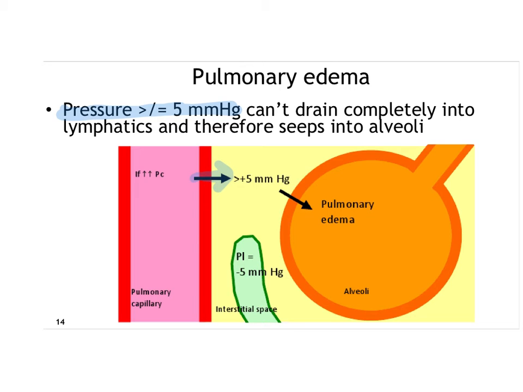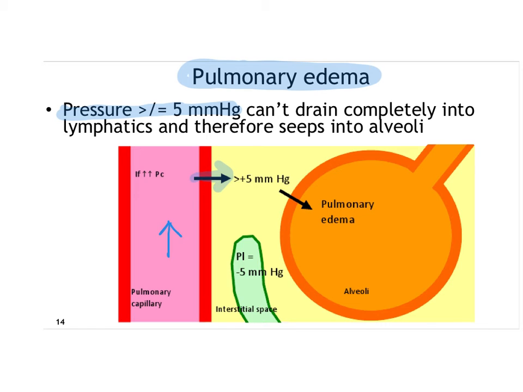So if I get left-sided heart failure, listen to me, that's the reason. If you get left-sided heart failure, you will always get pulmonary edema. Always. And the reason is because these pressures inside of this are going to increase. They're going to go up.